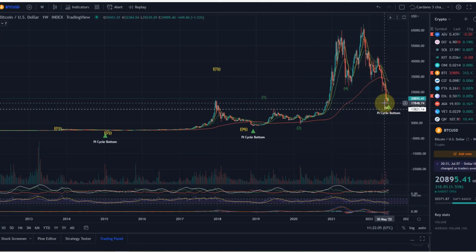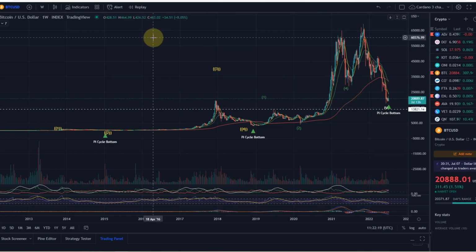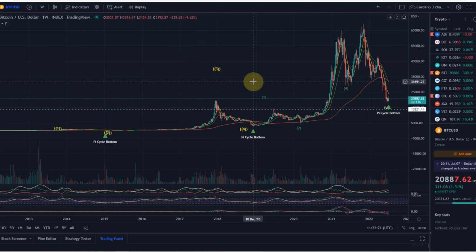Yes, of course we can drop lower, and this is only one indicator. It indicates, it doesn't guarantee that the low is already in, but it's still something that we should be aware of. And in addition to all the other indicators I already showed you here on this channel, this is another indicator that would suggest we are in an accumulation phase for Bitcoin.